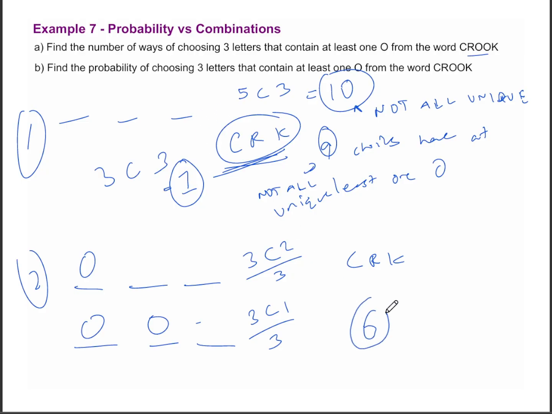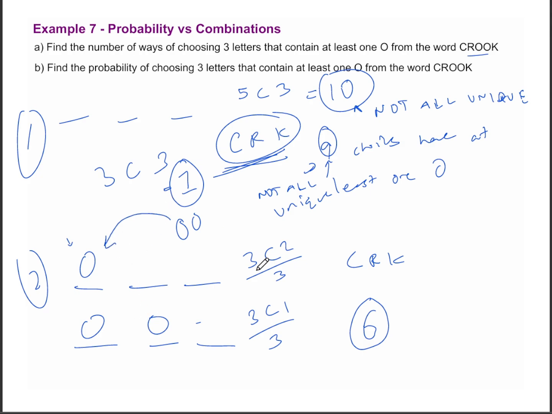These are all going to be unique. So where did that extra 3 come from? Well, remember, when you're choosing one O in the one O scenario, we initially have 2 O's in our word crook, and we are choosing one of them to come to the space.